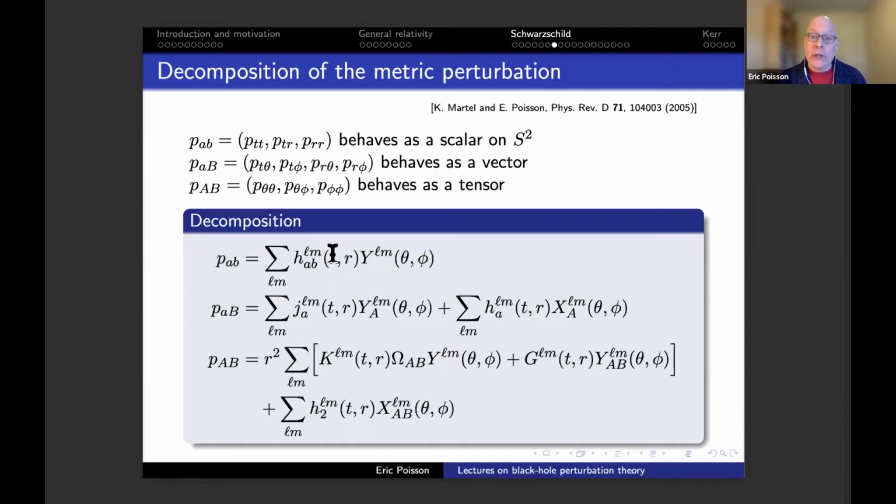I could do a Fourier transform and take out the time dependence. So that's an option that would be brought to us by that time-like Killing vector. I could use the static nature of the space-time as a means to do further decomposition, but I choose not to do that here.